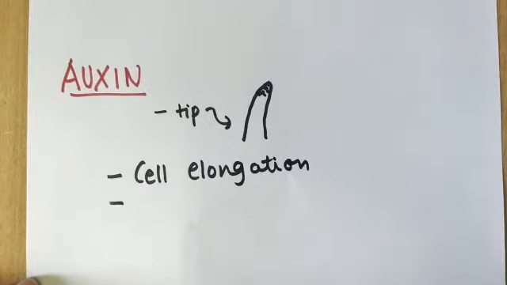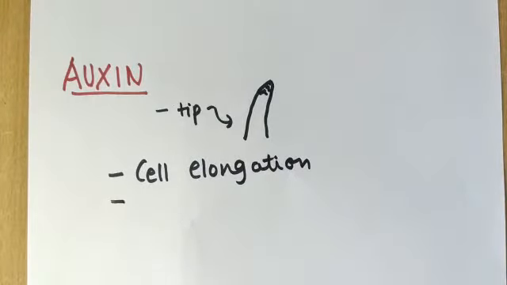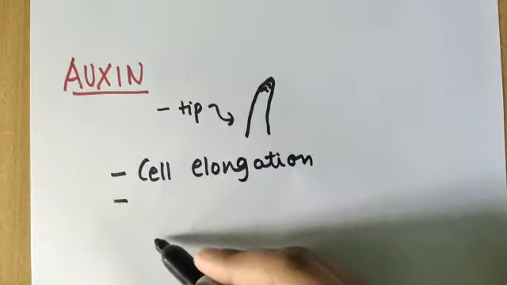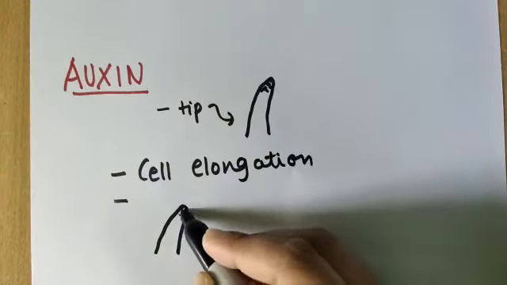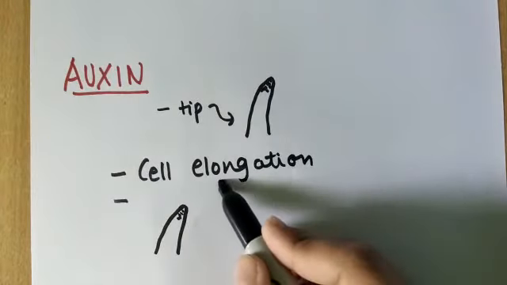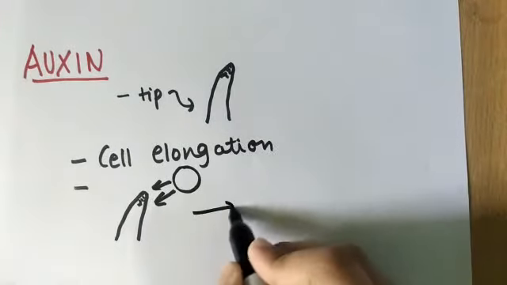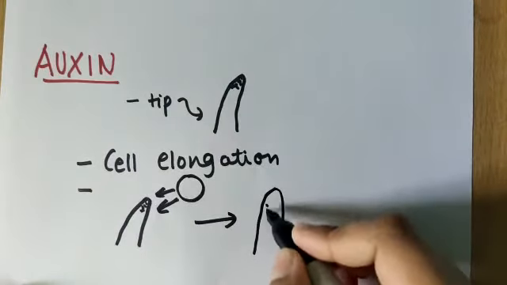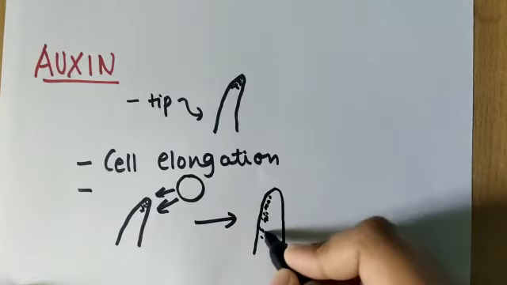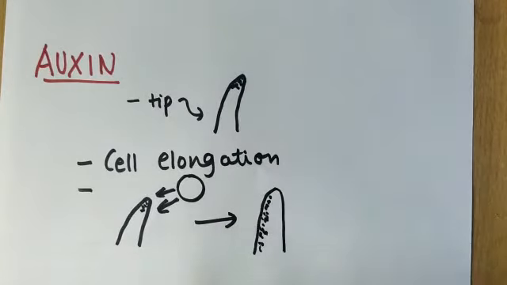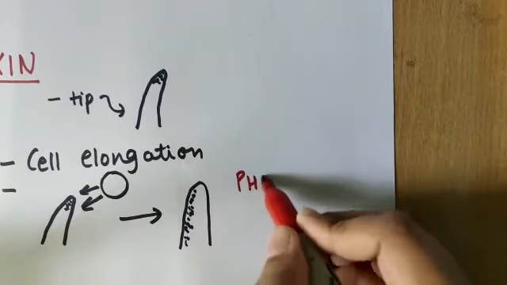Auxin always tries to move away from the sunlight. So let's say if auxin is being produced over here and sunlight falls this way, the auxin will try to move this way. And this is the reason why plants perform phototropism.